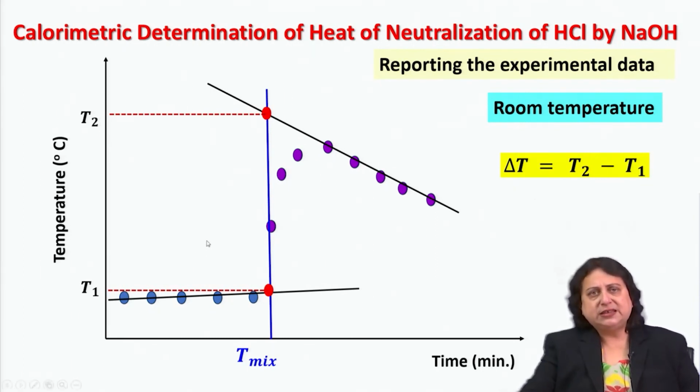That is because, as you can see, right after mixing, the temperature of the solution inside the calorimeter is still about 5 degrees higher than the temperature of the surrounding, which is the initial temperature as you have seen here.